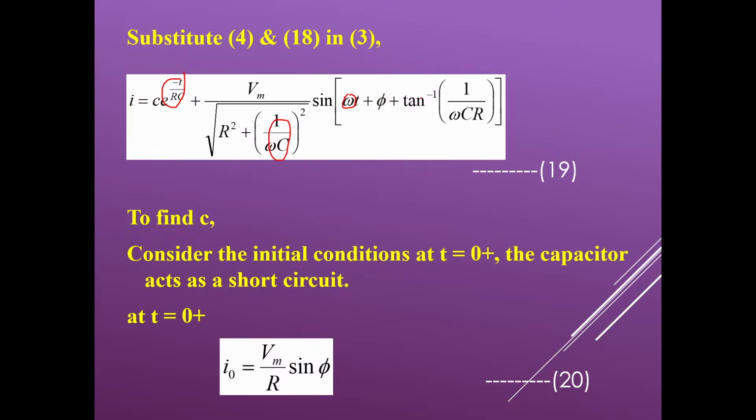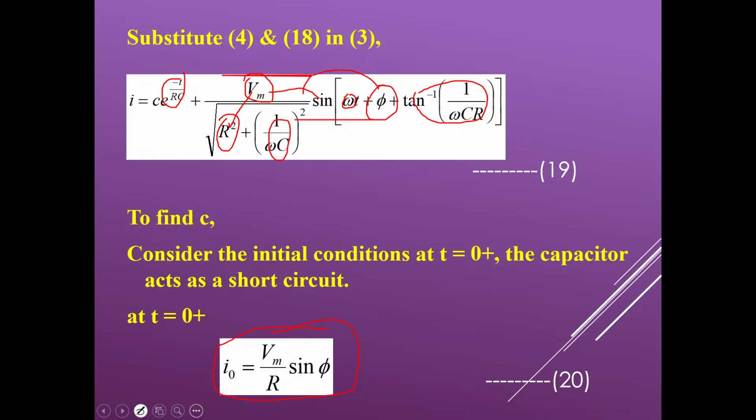This term also becomes 0, and this whole term will become 0. So what is left over is Vm divided by R into sin phi.